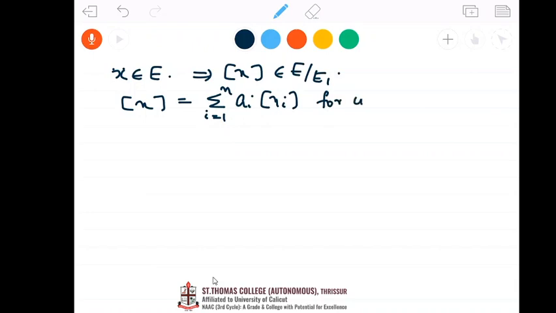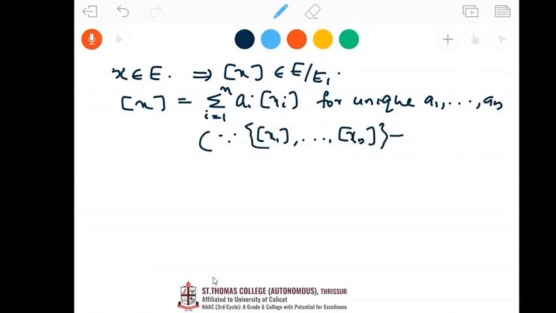For unique a1, a2, etc., an. And the reason for this is that class x1, etc., class xn is a basis for E over E1. Now, what about class of summation i equal to 1 to n ai class xi?